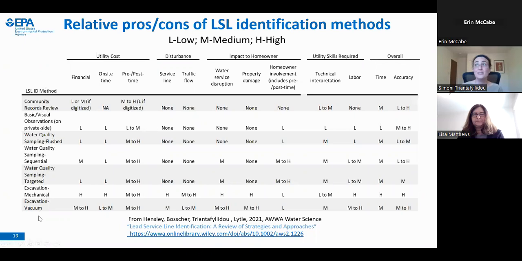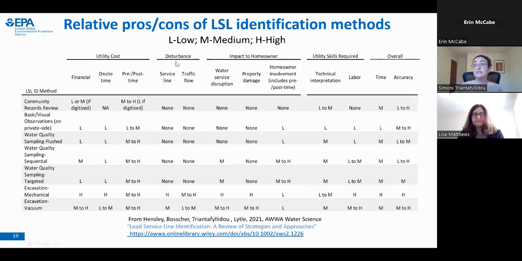And we basically split the evaluation into different categories, starting with utility cost, not just financial, but also the time, the on-site time during tool utilization, but also the time needed to pre-plan or the time needed post. Let's say for drinking water sampling approaches, the time needed to analyze samples and get the results back.